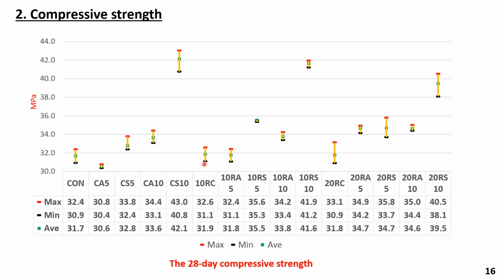And also we can say that both silica fume and paper sludge ash improve the compressive strength of recycled aggregate concrete.